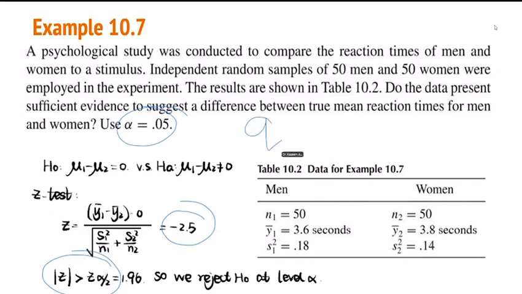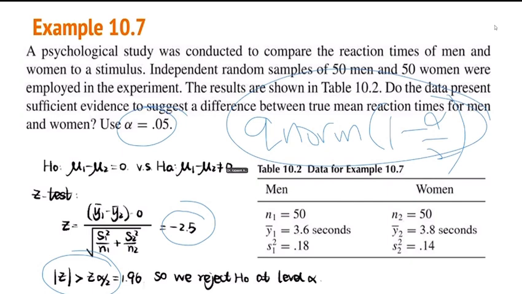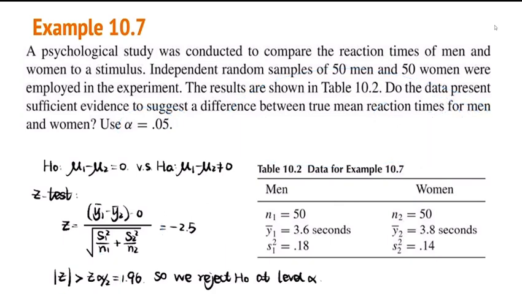For those of you that use R, you can do qnorm of 1 minus alpha over 2, and you get 1.96. The absolute value of negative 2.5 is 2.5, and because that is greater, we reject the null hypothesis at that level of significance.